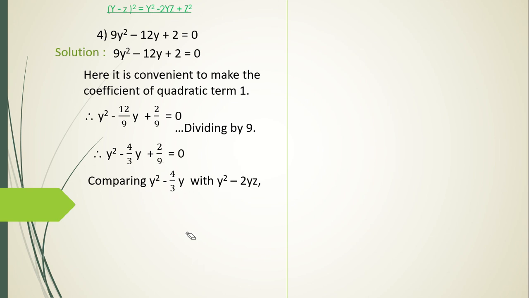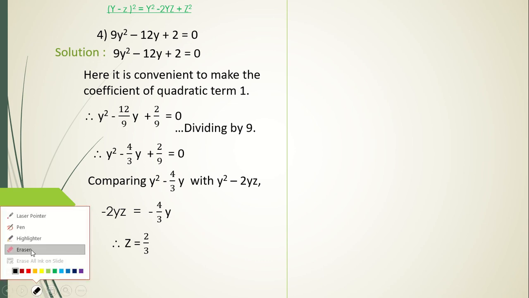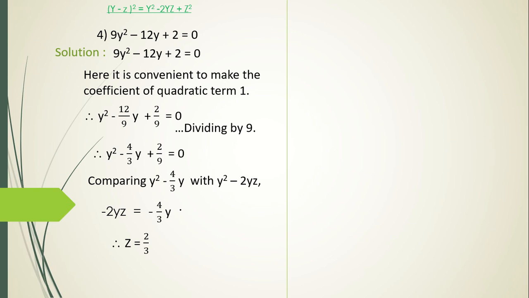So this y square will get cut, and then we get z is equal to, this y will get cut, this 2 will go that side. See what is happening here, this y has got cut and this 2 comes this side. This is minus 4 upon 3, z is equal to minus 4 upon 3 into 1 upon minus 2.